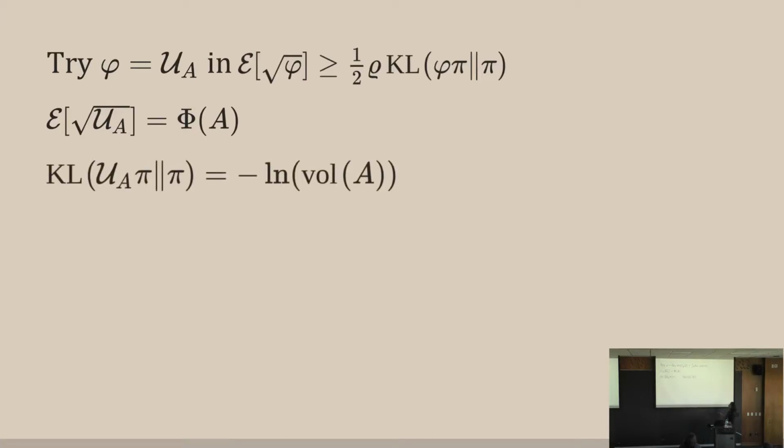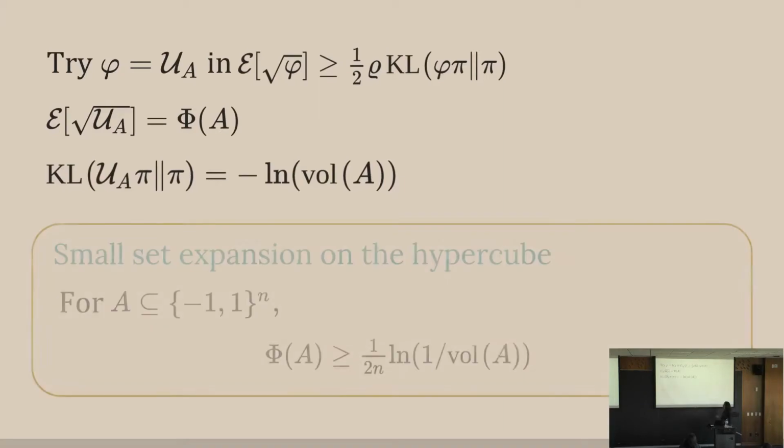This is essentially the same computation as the indicator function one, except you have a scaling factor because of the volume. And if you also write down the KL divergence of the uniform density over a set to the uniform distribution, it's just negative ln of the volume of the set.